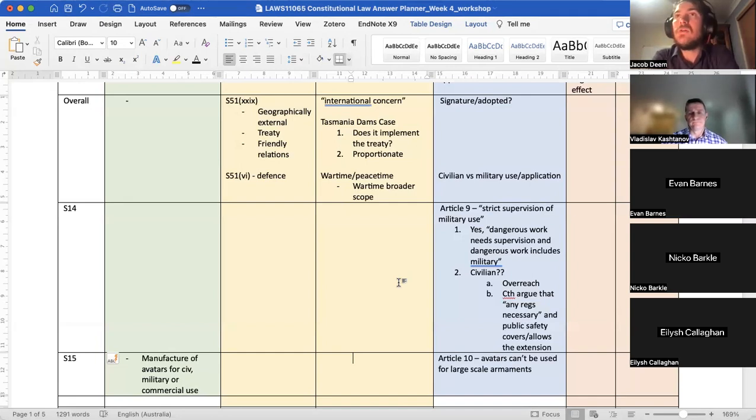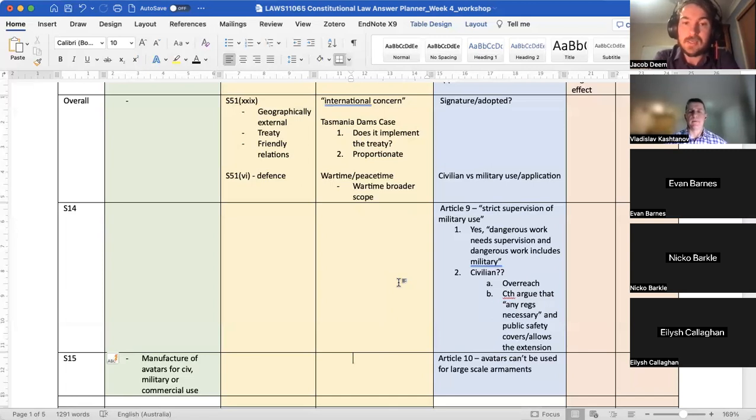If the facts themselves were something like Australia's key allies, the US and UK and New Zealand, were really concerned about the use of these avatars, and there was pressure from those countries for Australia to ban or restrict the use as well, then maybe those facts push us towards something like that.